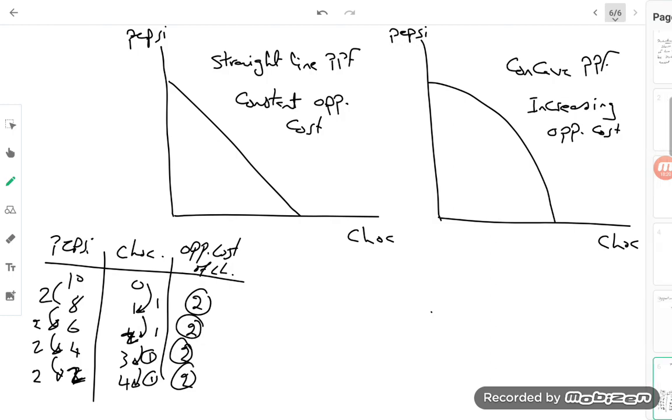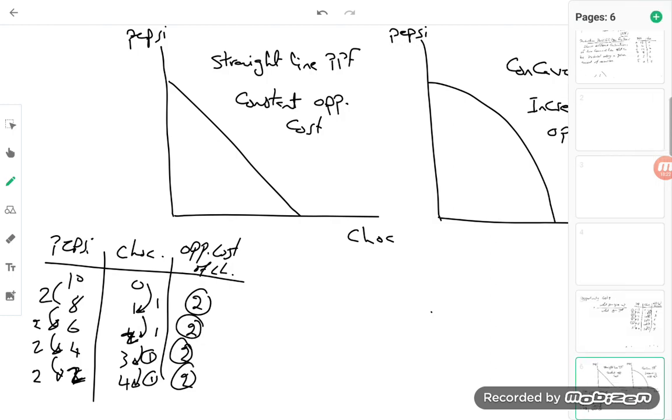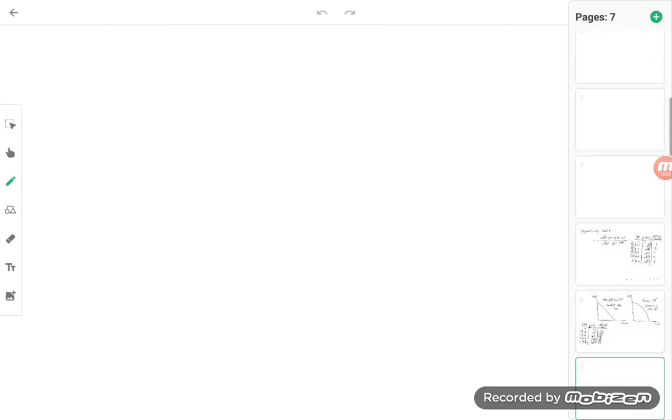Now we are going to relax two of the main assumptions that have been mentioned before. Number one, resources are fixed. Number two, technology is fixed.